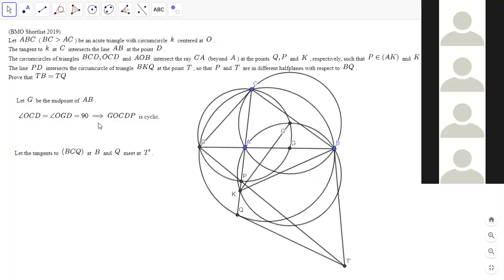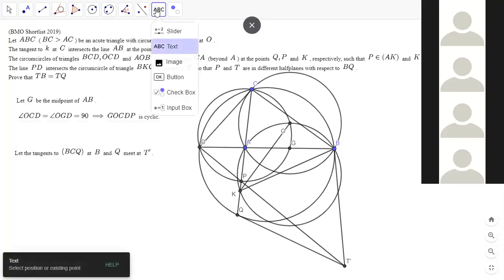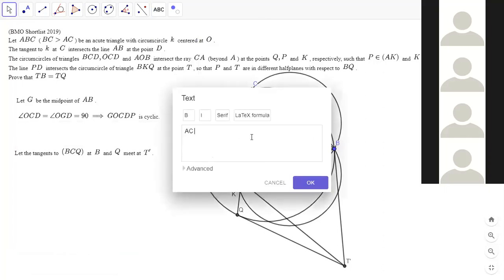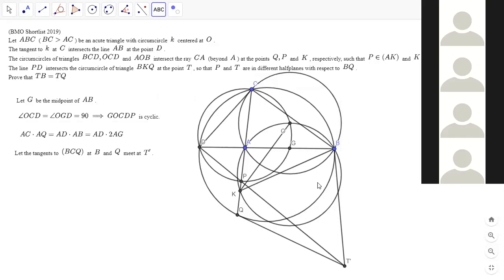So we have AC times AQ is AD times AB, which is AD times 2AG.